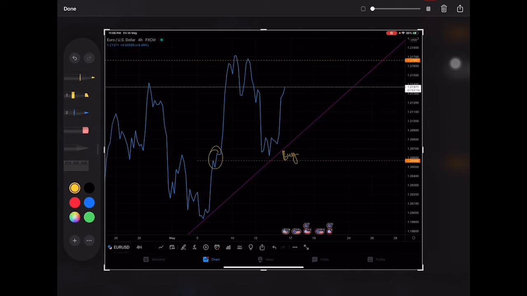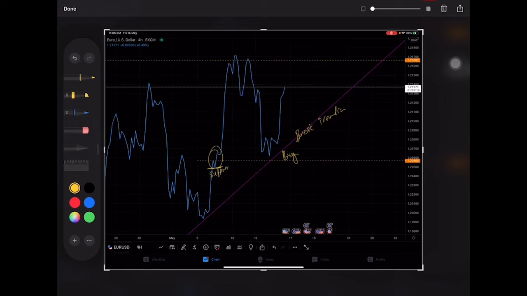Okay, in order for the setup to be broken, first, it needs to break this trend line. Break trend line. And second, it needs to break this support. So when these two tools are broken, then this setup will fail.